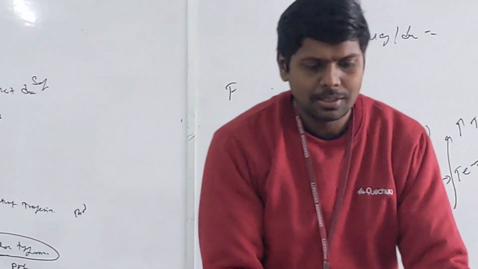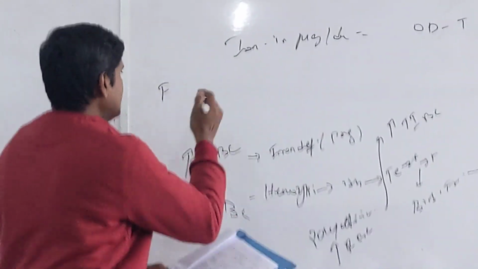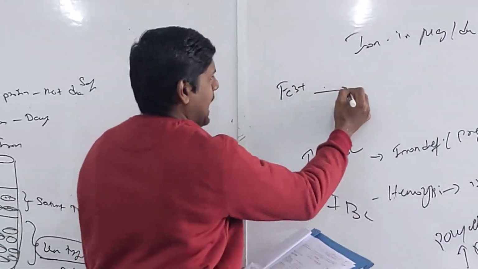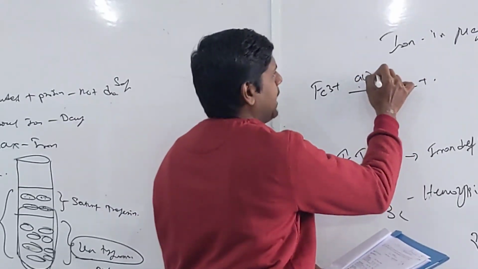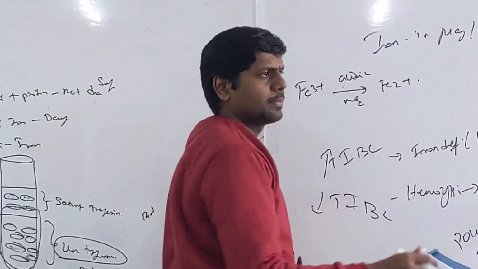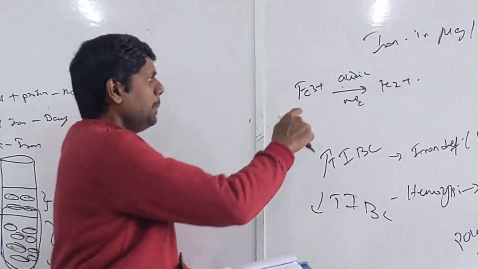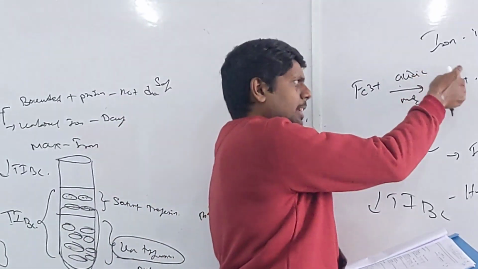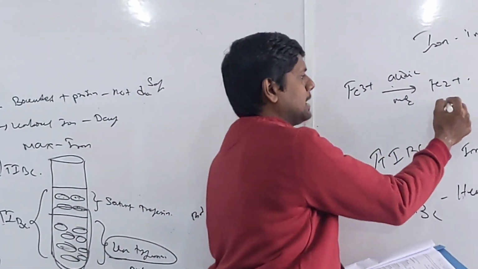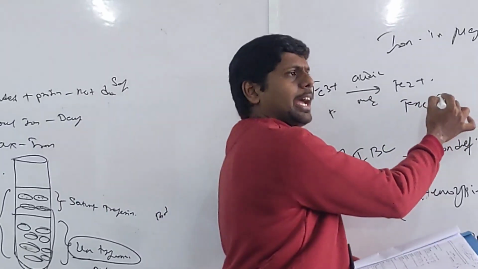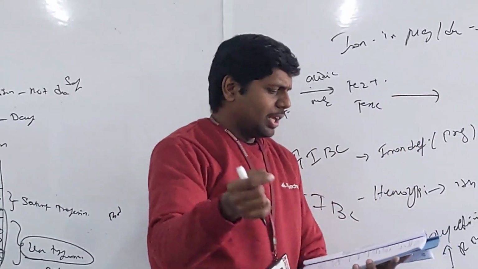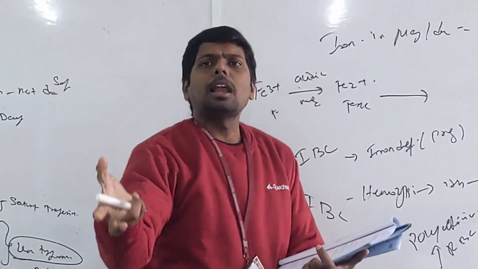Write down the reaction. So ferric Fe3 plus has been converted to Fe2 plus in an acidic medium. Fe3 plus is released iron, ferric status, and this is ferrous status. Now this ferrous ion will react with a molecule to get a color.